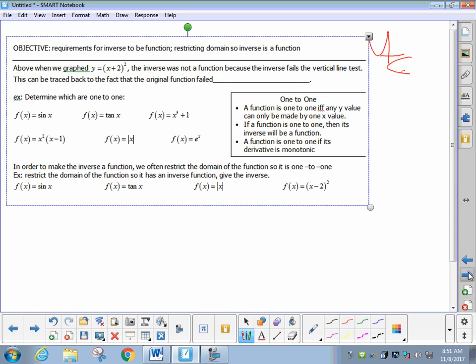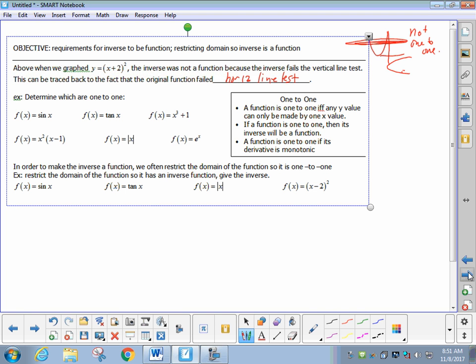And that's because the inverse fails the vertical line test, which we said can be traced back to the original failing the horizontal line test. Now, the words for that is that if the original function fails the horizontal line test, then it's not 1-to-1, which is to say for every one x there is exactly one unique y.